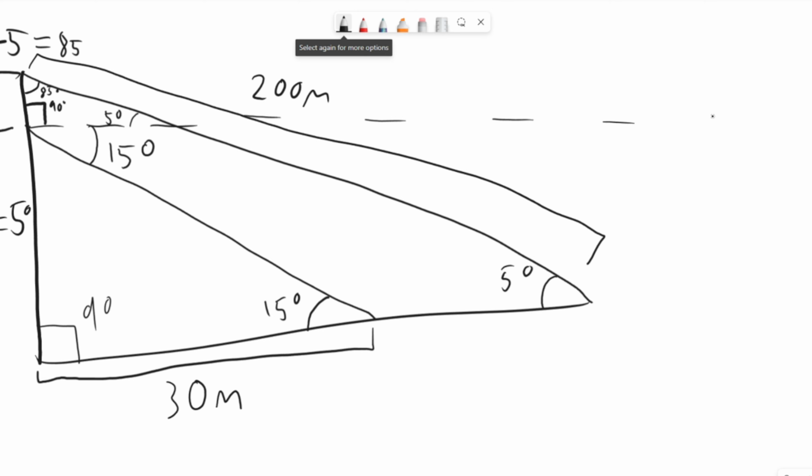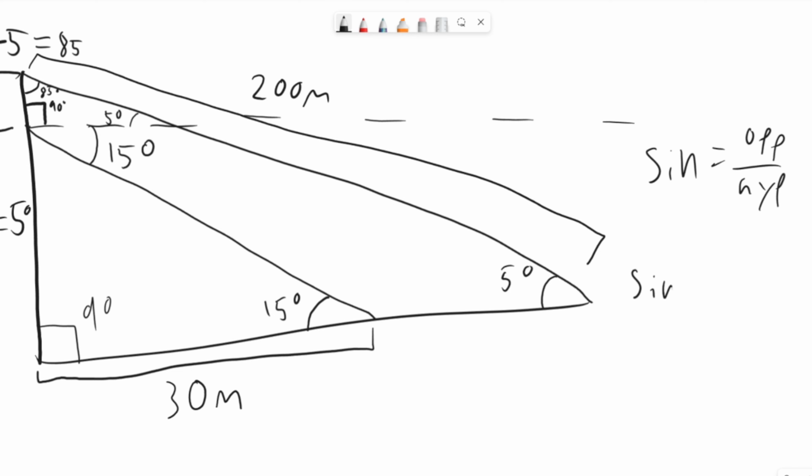Now we can begin to solve for the height here, and in respect to 5 degrees down here, that should be the opposite. So we need the opposite, and then we're supplied the hypotenuse. So we need something that has the opposite and the hypotenuse, and that would be sine, as that is opposite over hypotenuse.